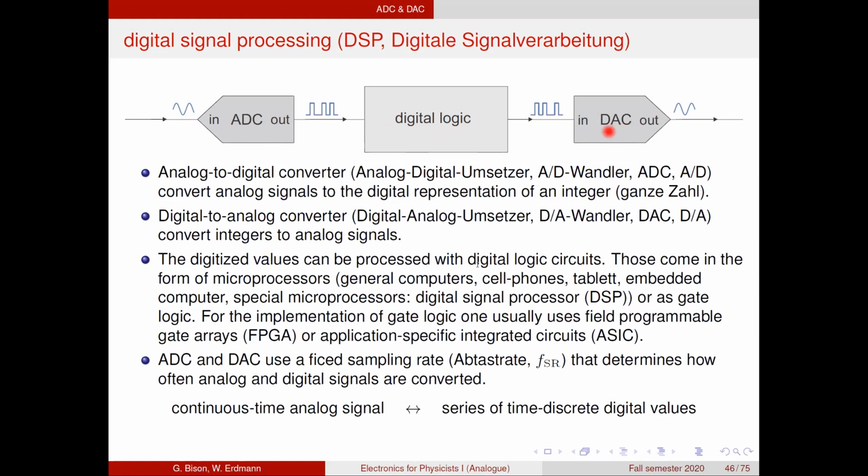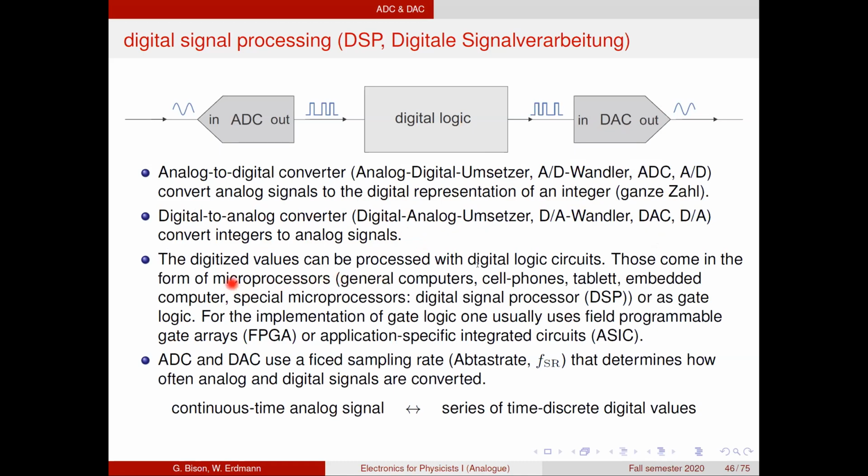ADCs, analog to digital converters, convert analog signals into a representation of an integer value. DACs, digital to analog converters, do the opposite. They convert a digital value to an analog voltage. Typically a voltage, but it could also be a current.